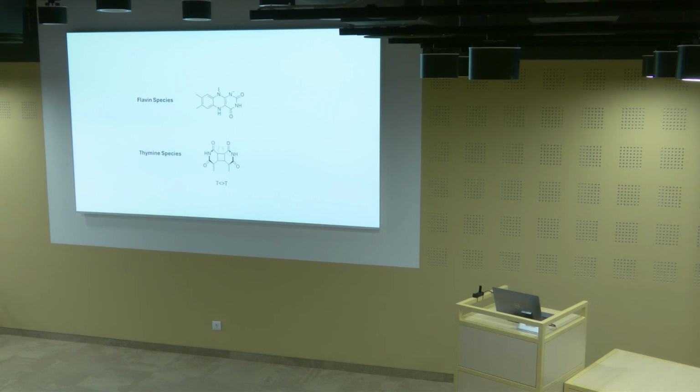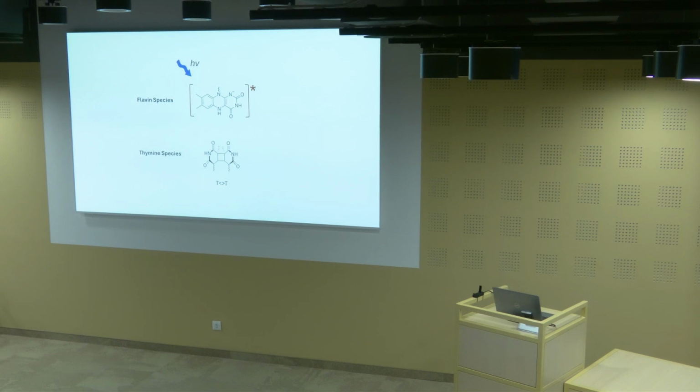You have this flavin species, the active part of FAD, as I mentioned earlier, and then of course the thymine lesion here. We studied a thymine dimer lesion exactly as shown here. The reaction begins with photoexcitation.